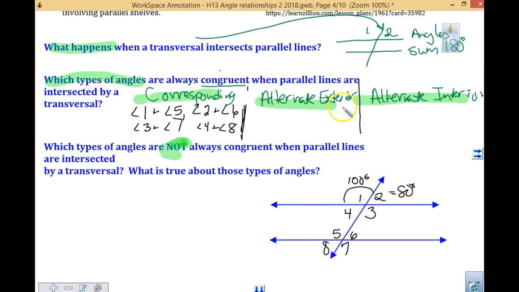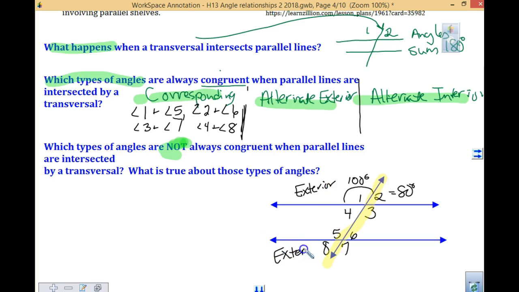When we look at alternating exterior, one of the first things with that alternating exterior is we need to make sure we are looking at this transversal. So when we talk about alternating, we're talking about on opposite sides of that highlighted transversal. Alternating and exterior. Well, my exterior is out here. This is the exterior. This is also exterior.